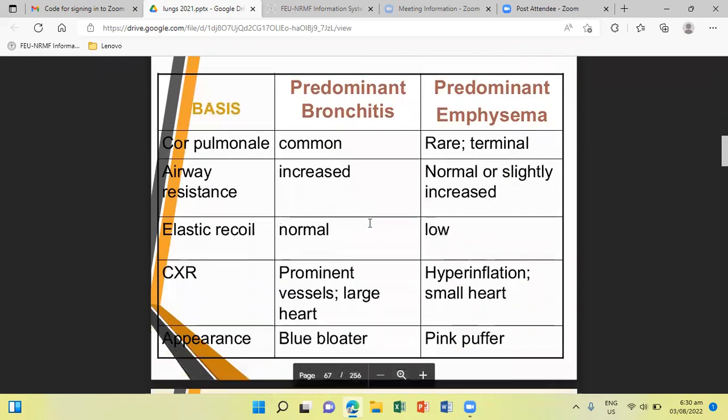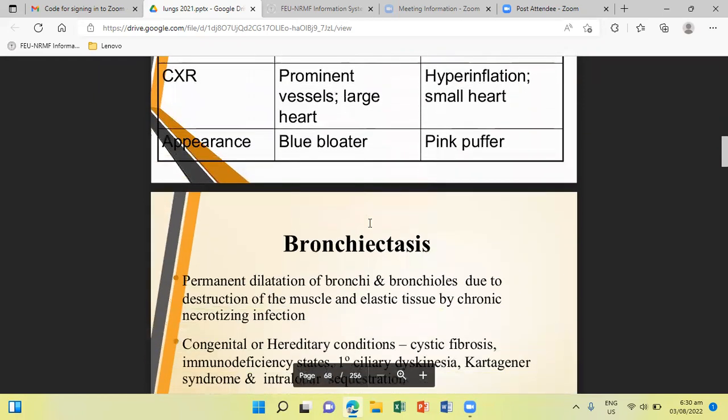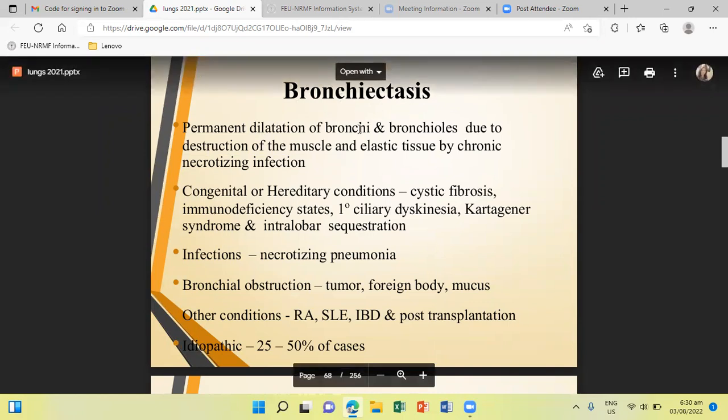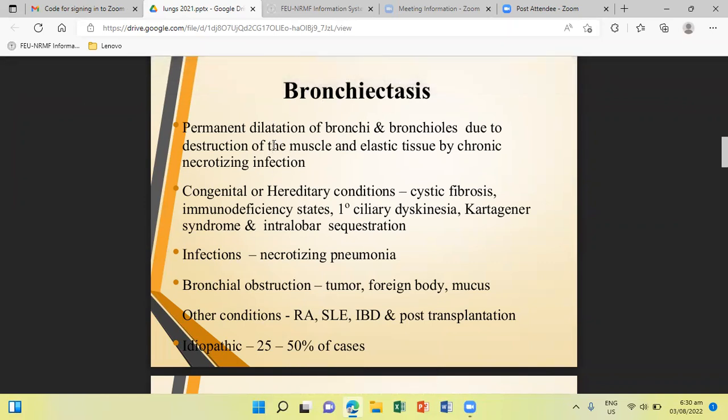So we go now to the next topic, which is bronchiectasis. When you say bronchiectasis, again, the bronchi here should tell you that the involvement is at the level of the bronchi and bronchioles. This time, the term to remember is dilatation. So you have dilatation of the bronchi and the bronchioles.